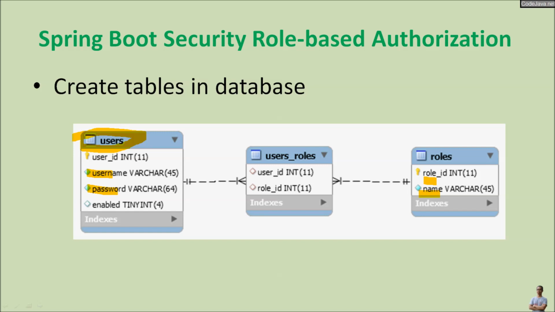So we need to have an intermediate table users_roles here to implement the many to many relationship between the 2 tables users and roles to implement authorization. And now let's create these 3 tables in MySQL Workbench.